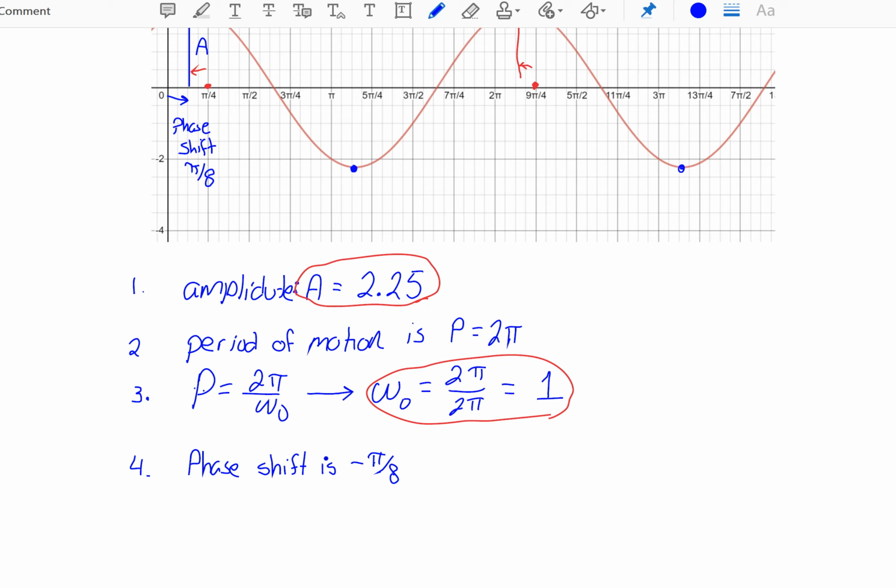So now how to find the phase angle. Here we have omega naught t minus delta. One of the things you probably want to remember from trigonometry is that delta is not your phase shift. To get your phase shift, you have to factor out omega naught and write it as omega naught times t minus delta over omega naught.